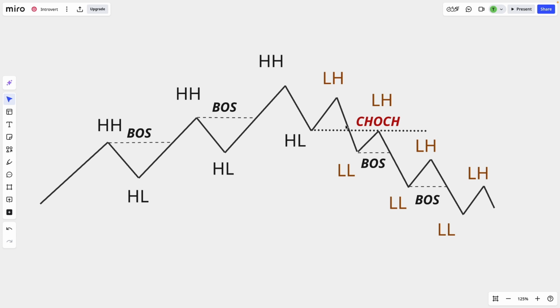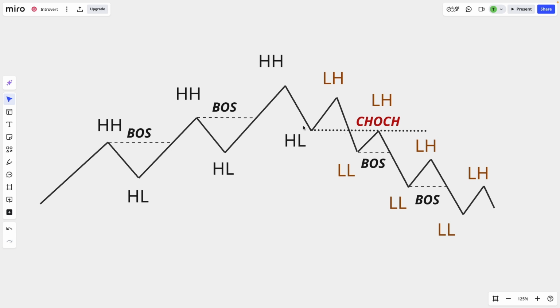And then when we cross down here, when price crosses this higher low, that is an indication that the trend is potentially changing. We've got a change of character when we break this higher low down to the downside. And then generally when the price comes back up, it's going to retest this area. And what happens is now this becomes resistance and we start going lower.